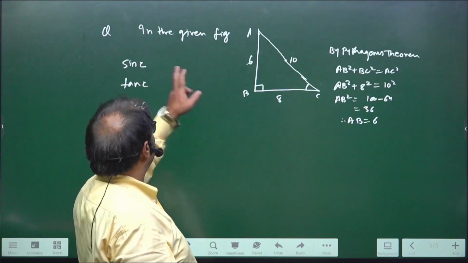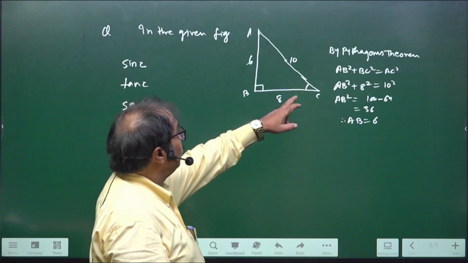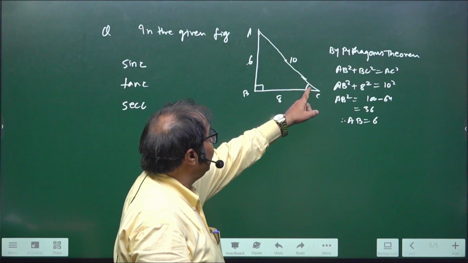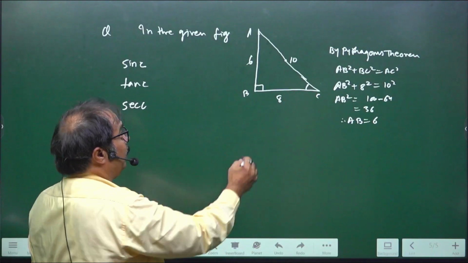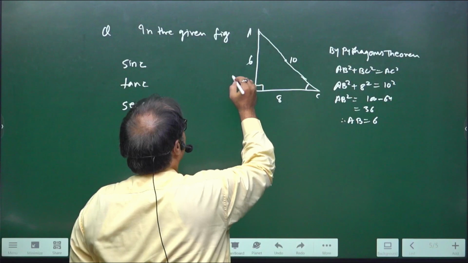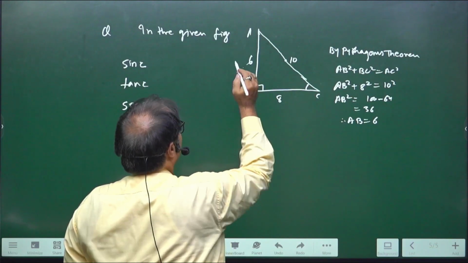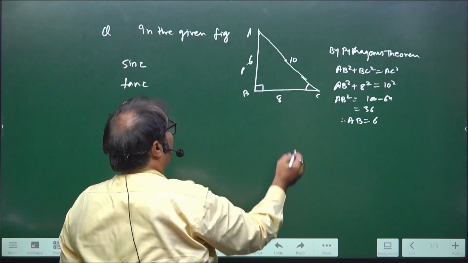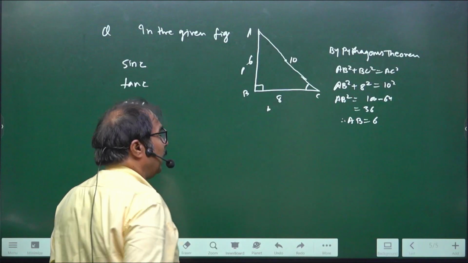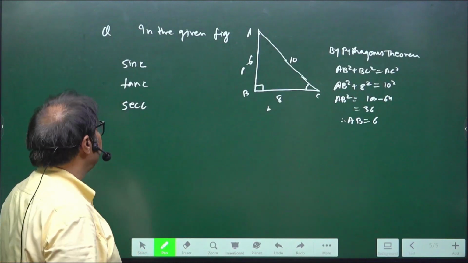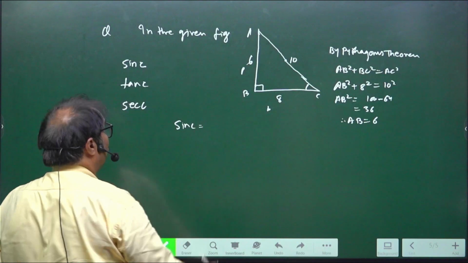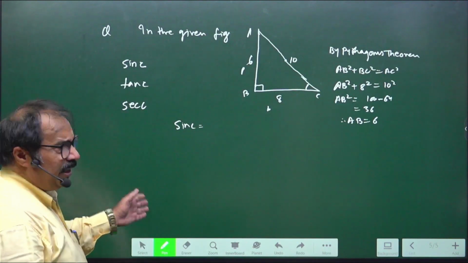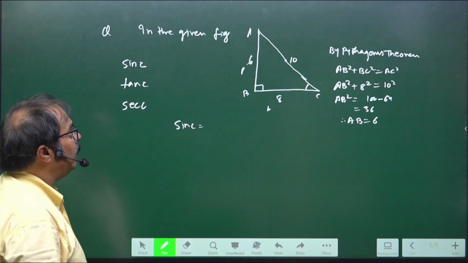Now the given angle is C. So as per angle C, the perpendicular is AB. Okay, as per this angle, this will be the perpendicular, and this will be the base as per angle C. So we have to find the value of sin C. Sin is the ratio of perpendicular and hypotenuse.